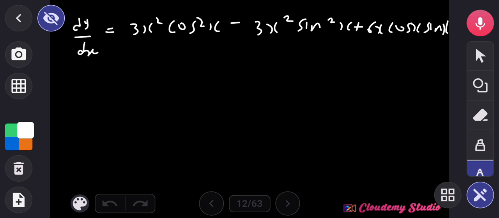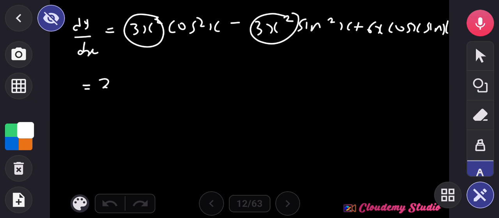So what we are going to do is that we can now factorize out. You understand? If you look at it very well, we have 3x squared here, right? And we have 3x squared here, right? I'm going to be having my 3x squared outside.